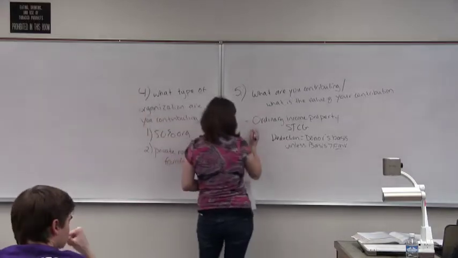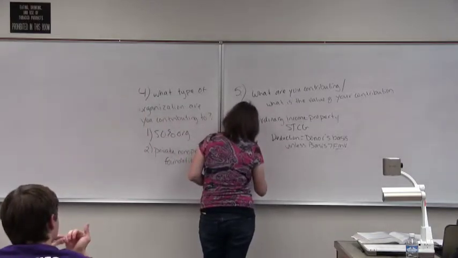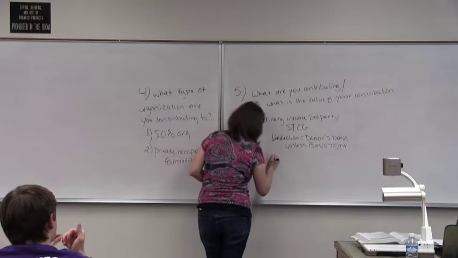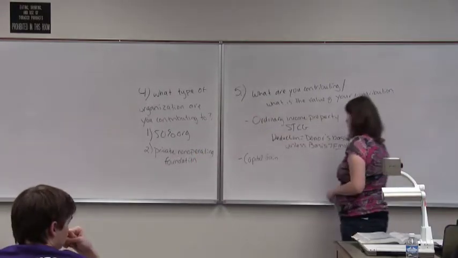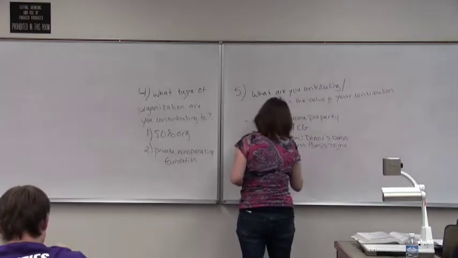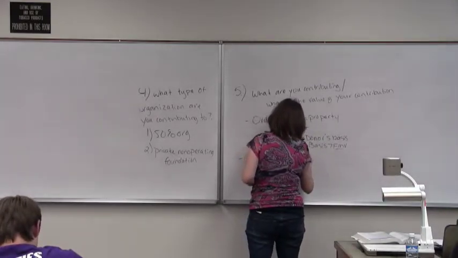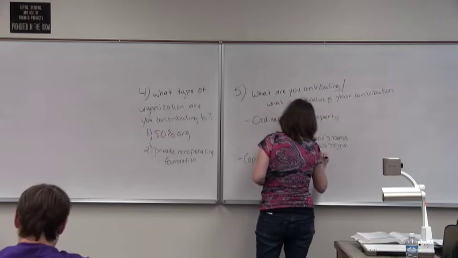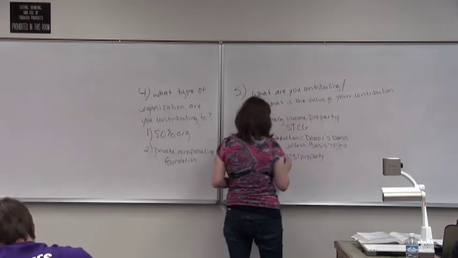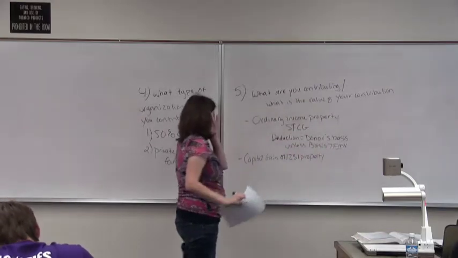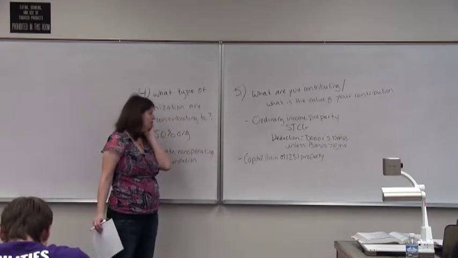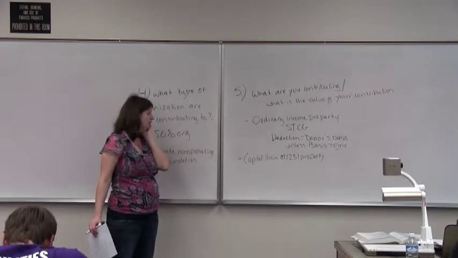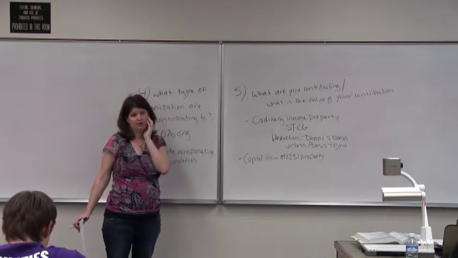The next possibility is capital gain or 1231 property. We haven't really talked about Code Section 1231 much in this class, but 1231 property, long story short, is really property that has been purchased for a business and has been depreciated on.